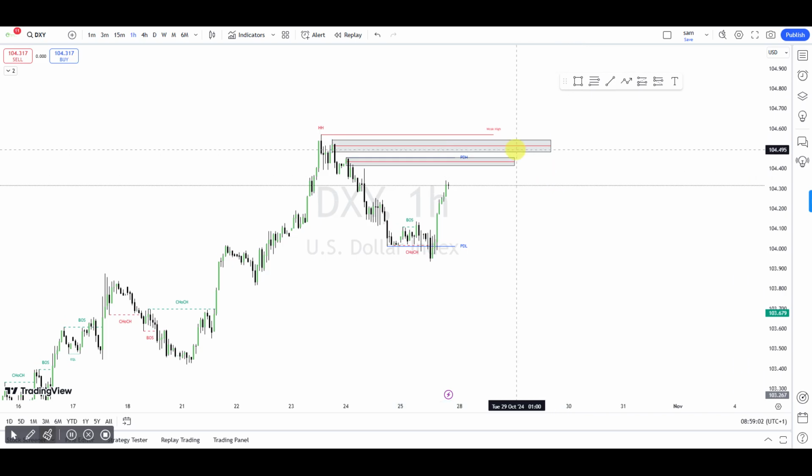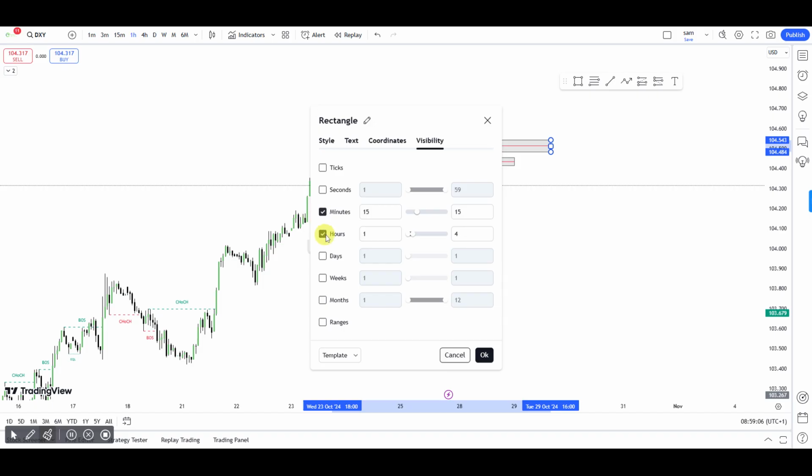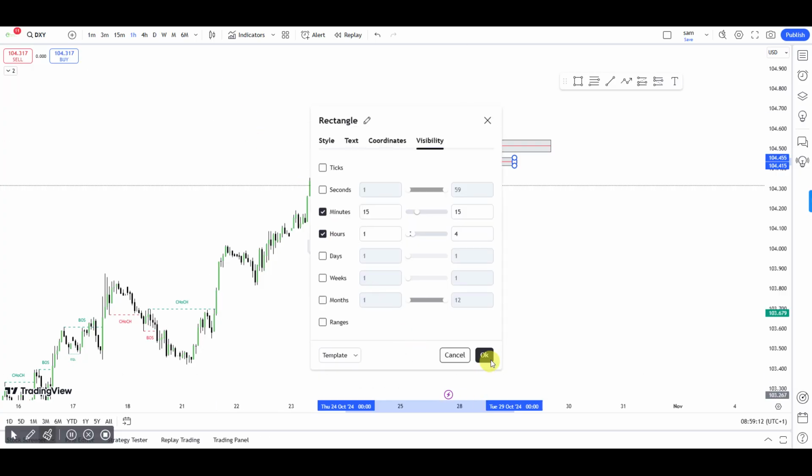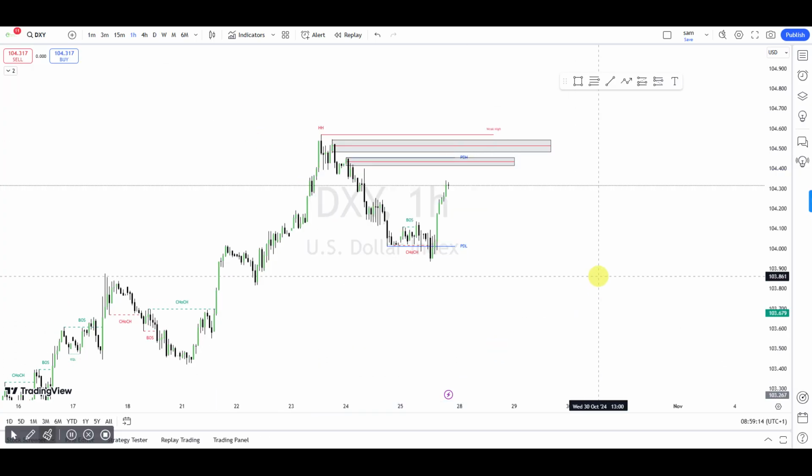Maybe this 15. So I'm waiting for the market to take that zone out.